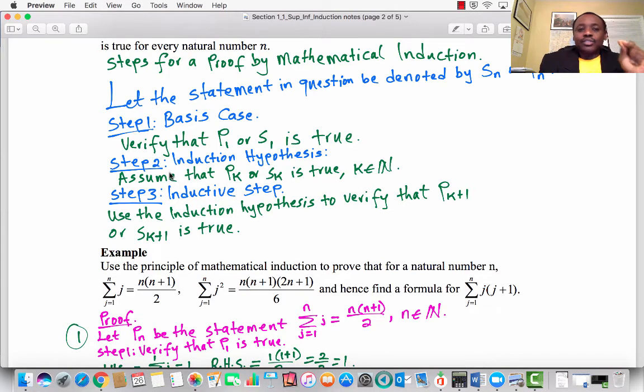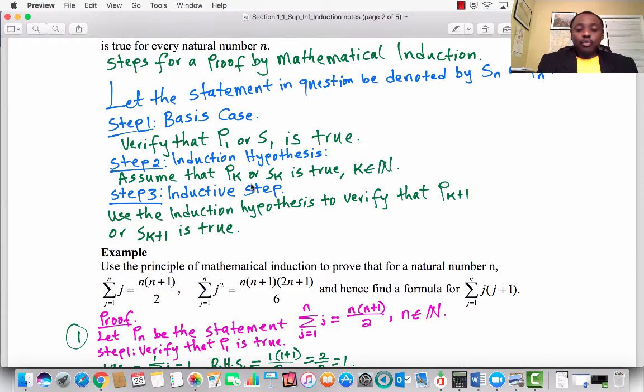Step number 2 is known as the induction hypothesis. Here you assume that P(k) is true or S(k) is true for some natural number k. You do not prove anything at the induction hypothesis step, you simply say assume that P(k) is true, where k is a natural number, it has to be a natural number. And then we have the inductive step.